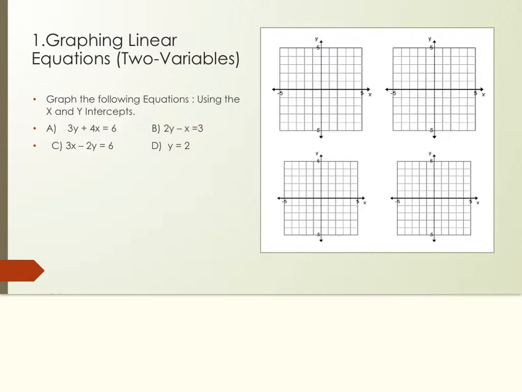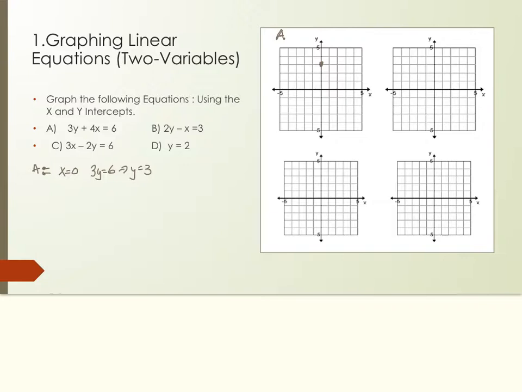So here I have A, and in this case, if I let x equal 0, we'll get the y-intercept. So we have 3y is equal to 6, y is equal to 3. So for our graph A, we have 3: 1, 2, 3, and we have a point there. That's where our y-intercept is.